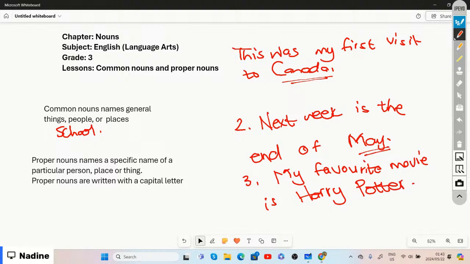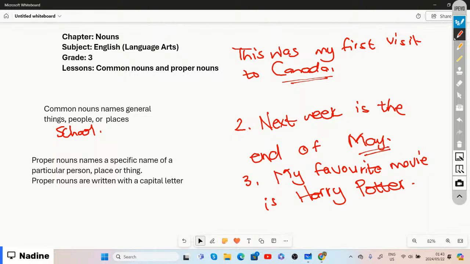What is our proper noun within that sentence? My favorite movie is Harry Potter. Yes.